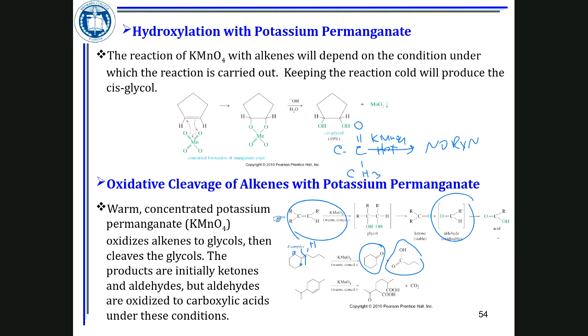Like if you have a primary alcohol, you can oxidize it to aldehyde. Secondary alcohol oxidizes to ketone. But if you have a tertiary alcohol, because there is no hydrogen attached to this carbon, it is not going to oxidize.